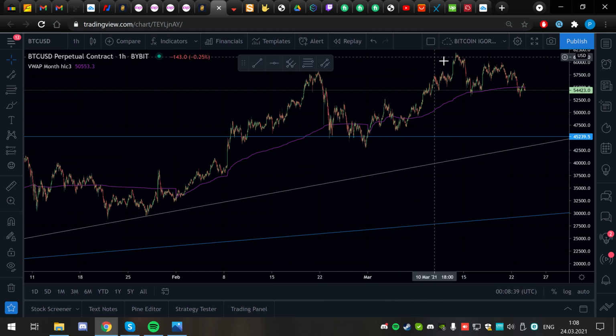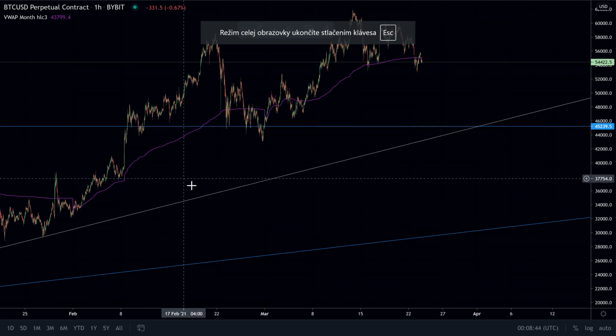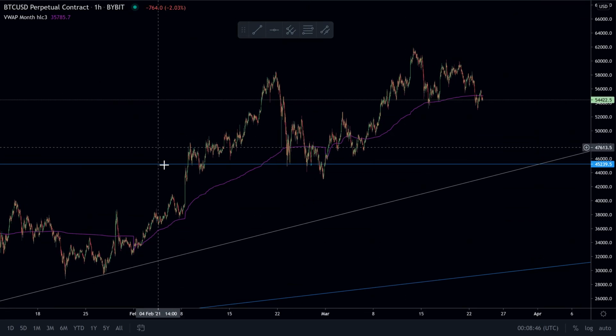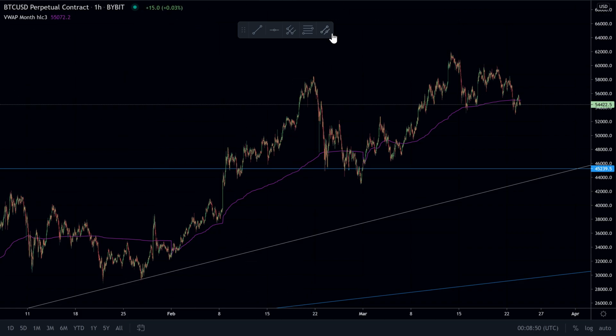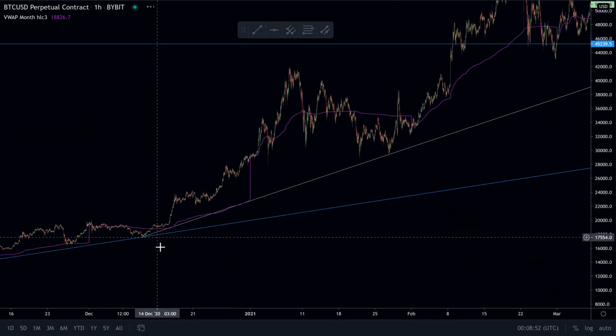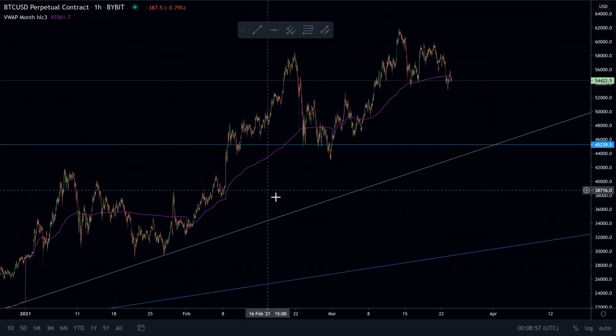So this is 1 hour chart. Here, by the way, we have a trend line.